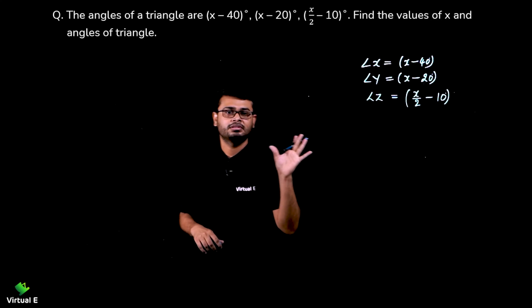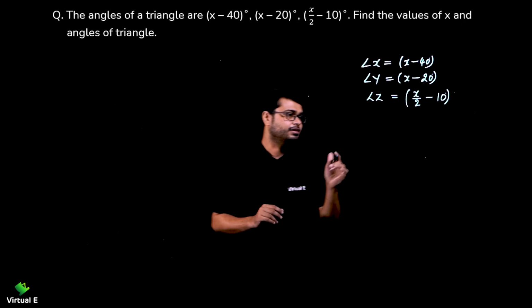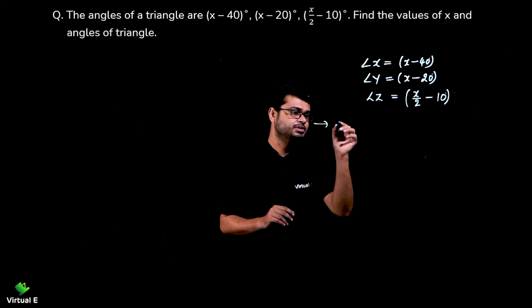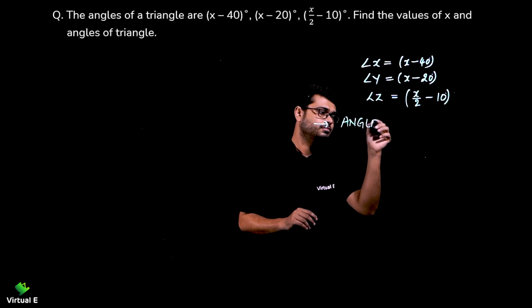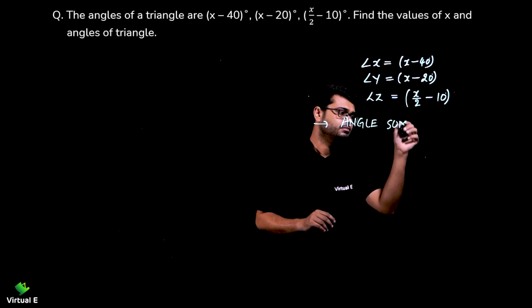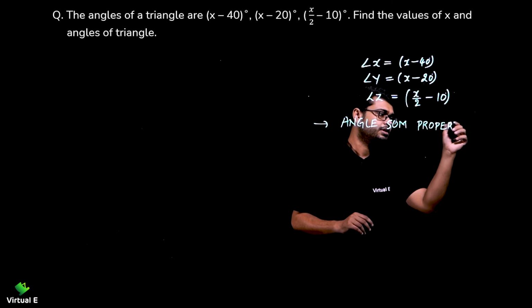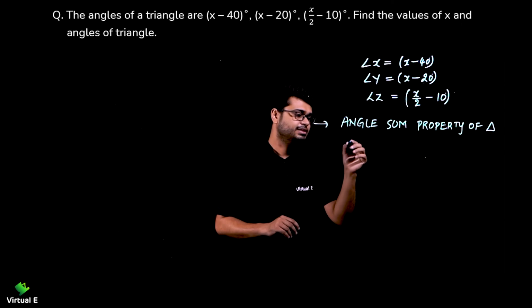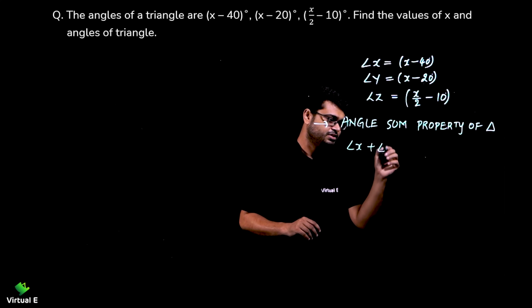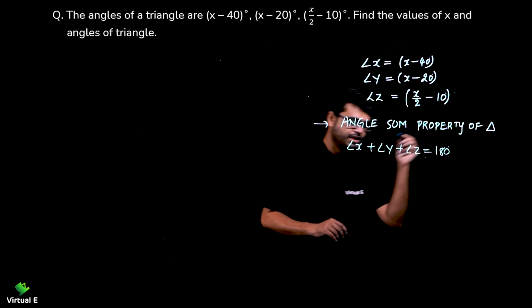Again, there is nothing mentioned like exterior angle, so use only the interior angle. Let's talk about the angle sum property of triangle. Let's add: angle x plus angle y plus angle z is equal to 180 degree.